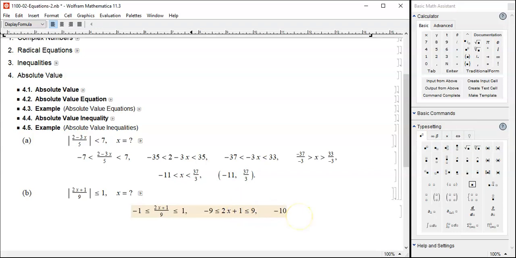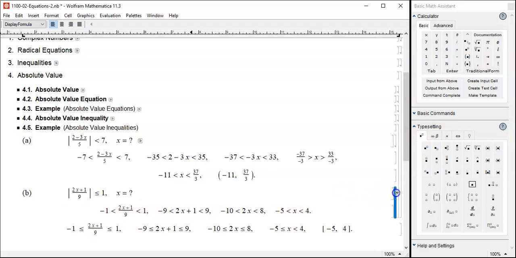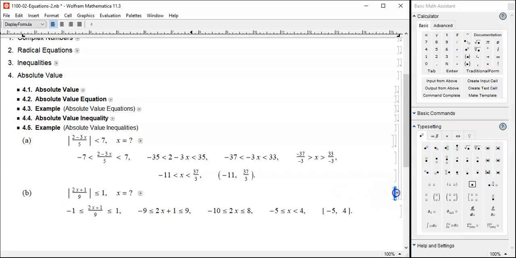So -10, 2x, 8. Divide by 2. So we're going to get this kind of interval notation. Okay, did I do this right? Yeah, okay.